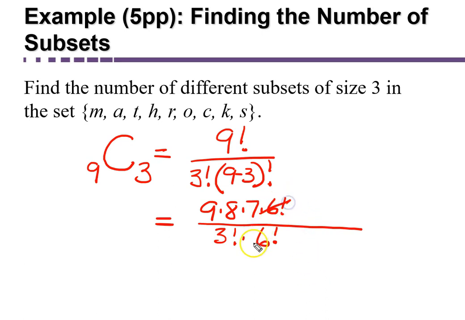So I'm going to cancel these out. Now 3 factorial is 3, 2, 1, which is 6, which is 3 times 2. Hopefully you're all following all of this. This is gone now. So 3 times 2 times 1.